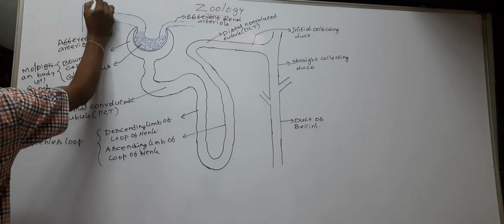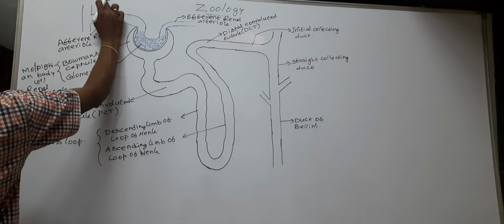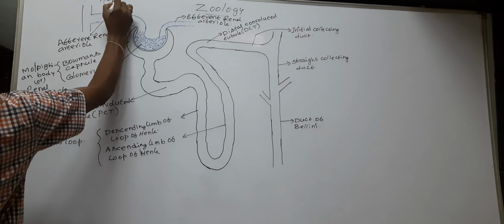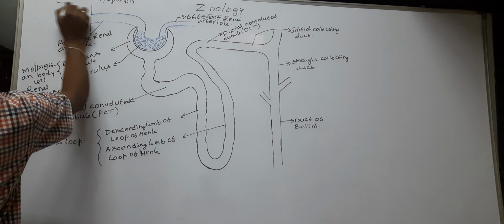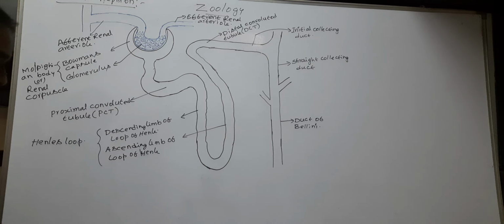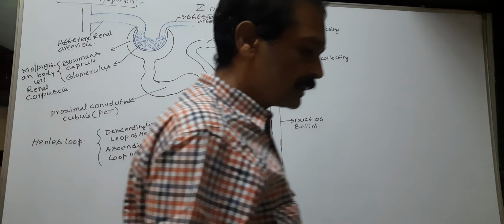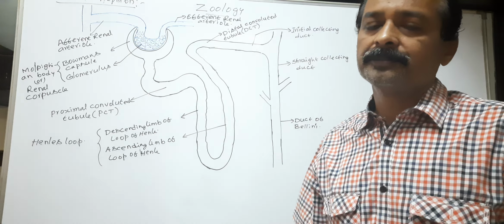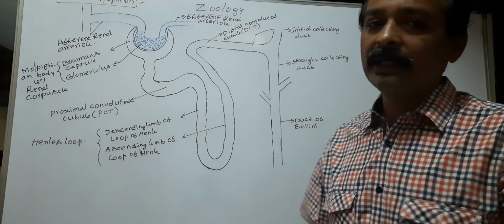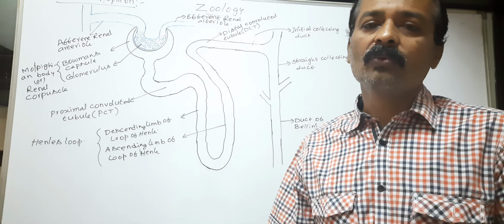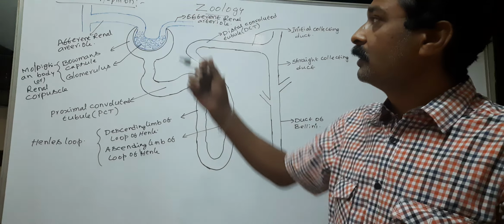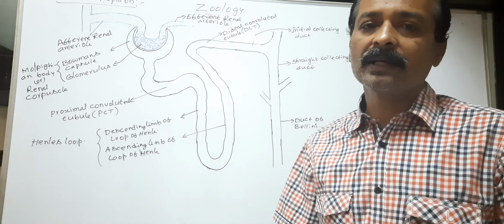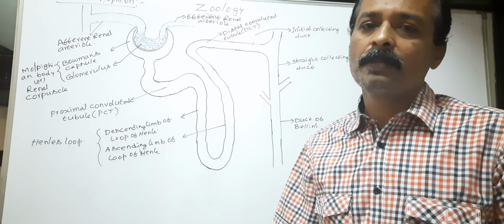Human nephron. So nephrons are the structural and functional units of kidney. Each human kidney possesses 1 million nephrons.